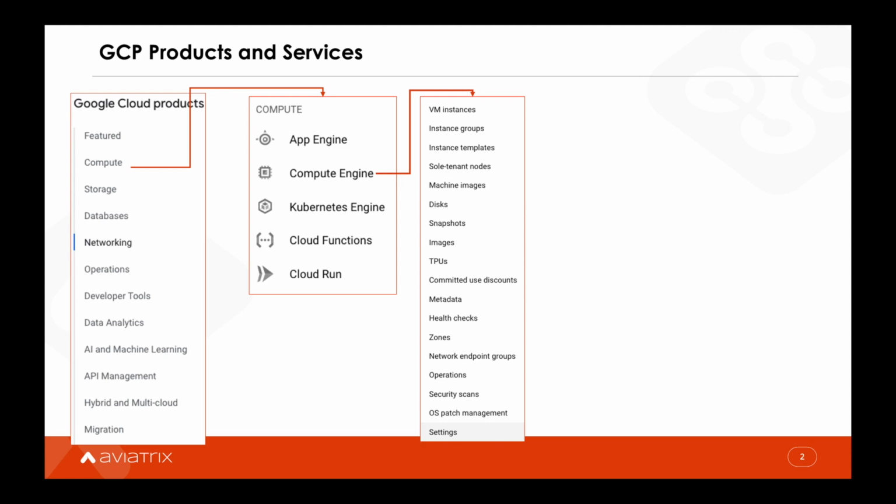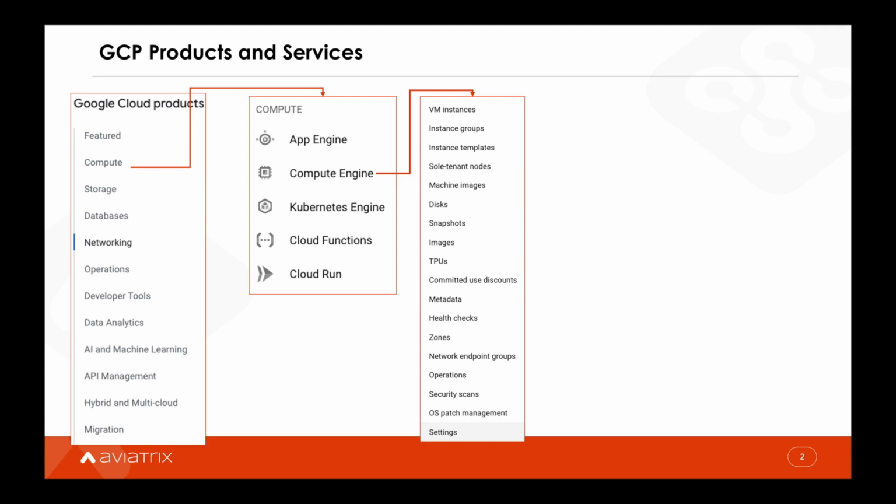For example, the compute engine or Kubernetes engine. In the compute engine is where you will see your virtual machines. You need to peek into this area and see how your virtual machines are deployed. And not only virtual machines, but when it comes to actually building the network, you need to go look inside the virtual machine and see how the connectivity is done.